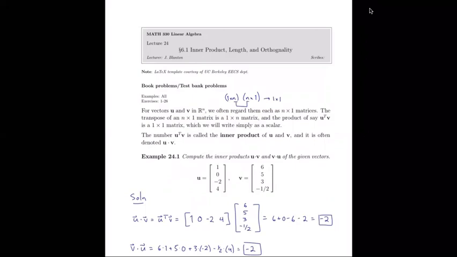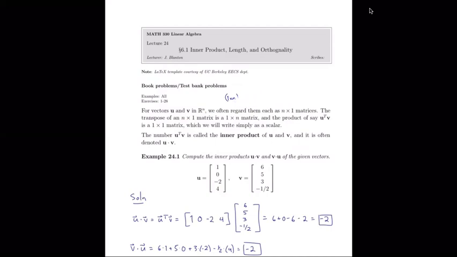Well, the 1×1 matrix we'll just typically refer to or write as a scalar. So there's our idea of matrix multiplication between two vectors u and v, which are both n×1. We have to transpose one in order for it to be well defined, and that's the first one. When we do so, we get a scalar out of that.